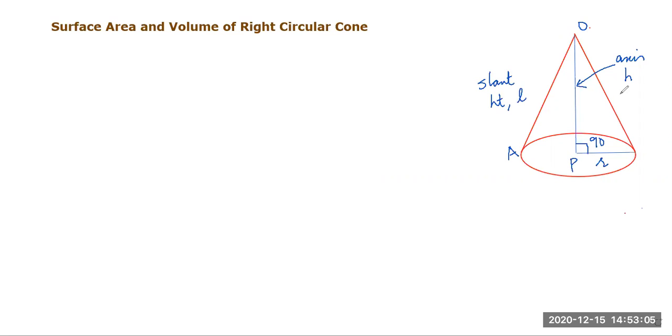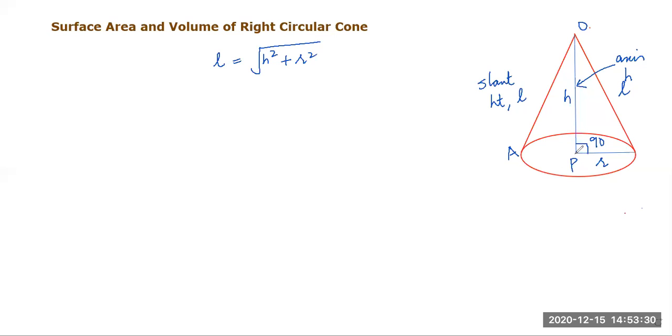Now, very simply, what's the relation between L, H, and R? Using Pythagoras theorem, very simple. L would be equal to the square root of H square plus R square. R is the radius of the cone, or simply the radius of the base circle of the cone.